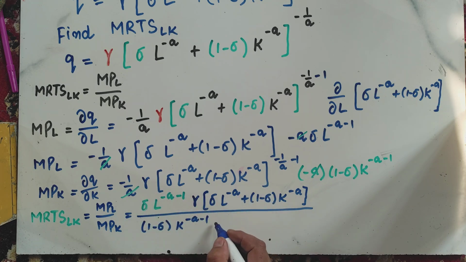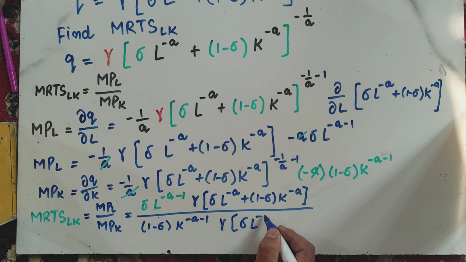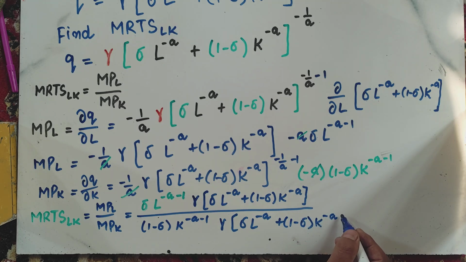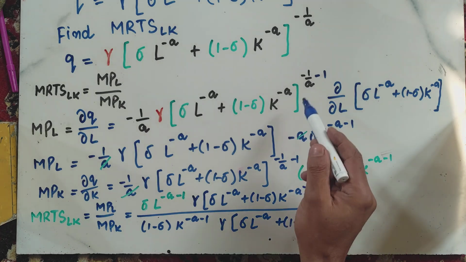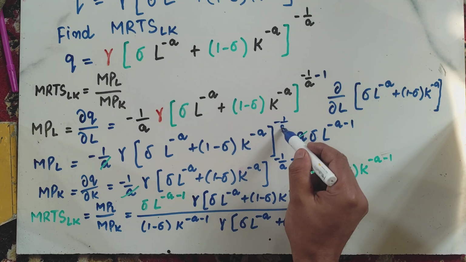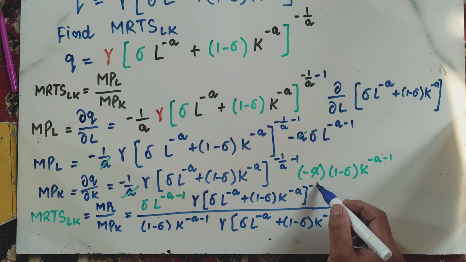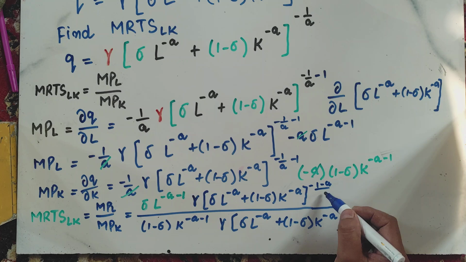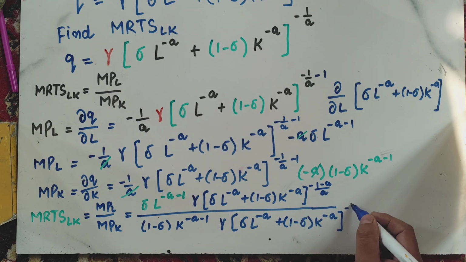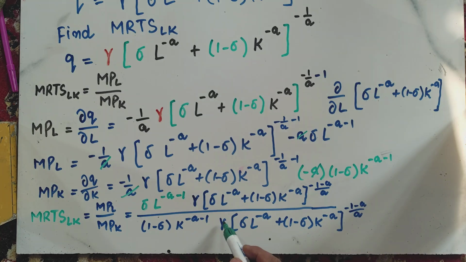Then we have gamma times delta L raised to the power minus A plus 1 minus delta K raised to the power minus A. Here we have minus 1 upon A minus 1, so it will become minus 1 minus A divided by A. This is the exponent, and here we have again minus 1 minus A divided by A. So here one thing will happen: gamma gets cancelled, and this whole expression gets cancelled.